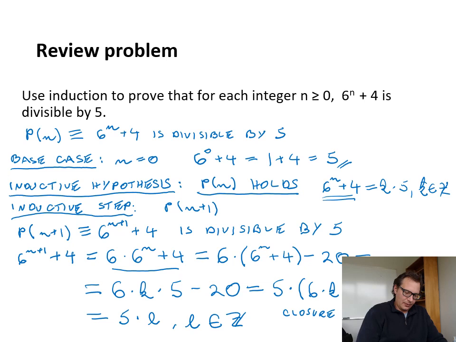And so from here, we know that 6 to the power of n+1 plus 4 is divisible by 5. And we proved this using induction.